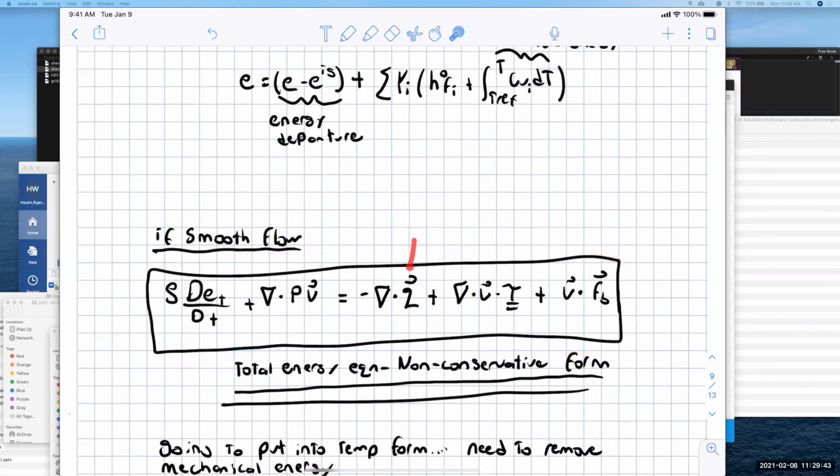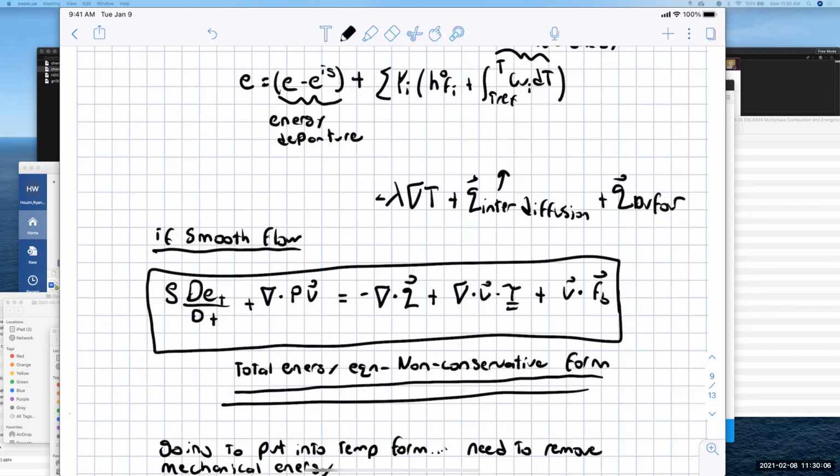And the heat flux vector here, again, you would use the same long one, so that's minus lambda grad T plus q interdiffusion plus q radiation.